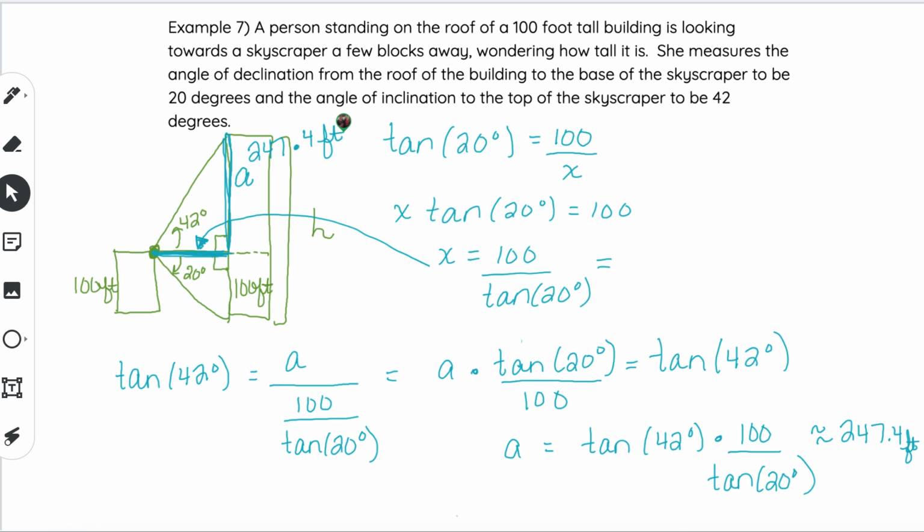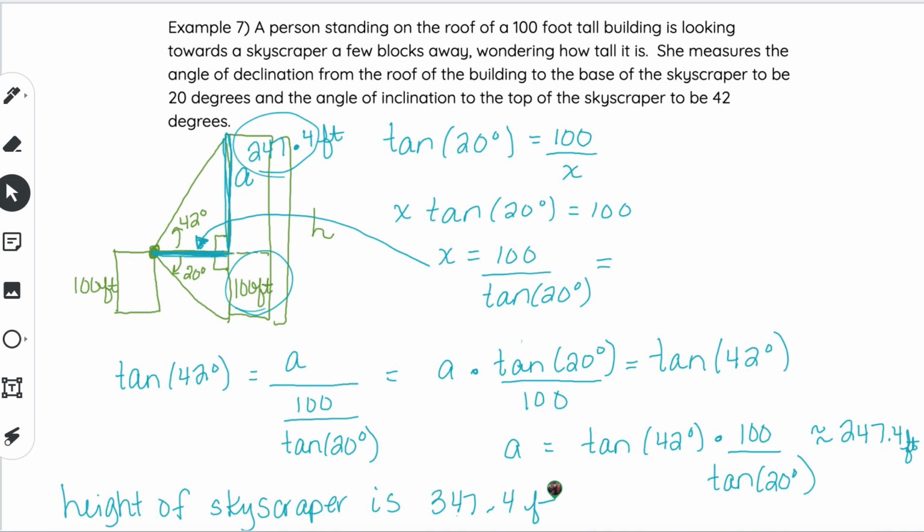But altogether, the height of our skyscraper is adding them together with 347.4 feet.